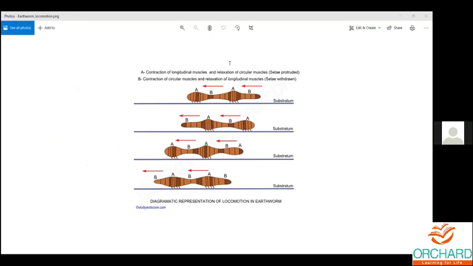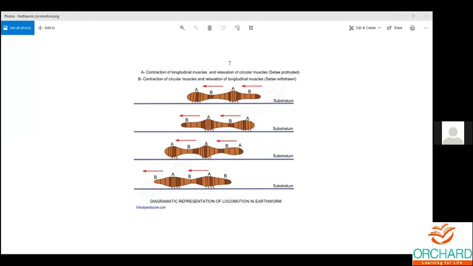So when the contraction is done, what happens to the front end? During the process of contraction, what happens to the front end? Very good. In front, it becomes long. Good.